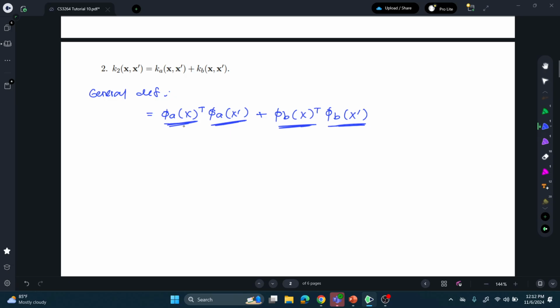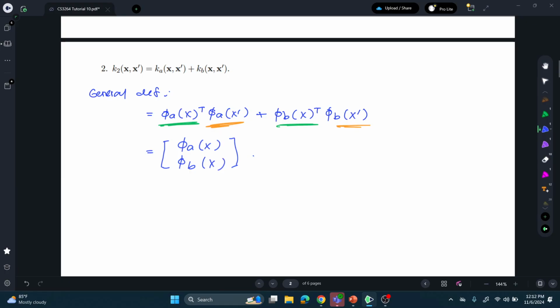Let me give another color. This is the one associated with x. Then this is the one associated with x prime. If I want to construct this as a dot product, then I can have something like this. This will be my first factor, associated with x.